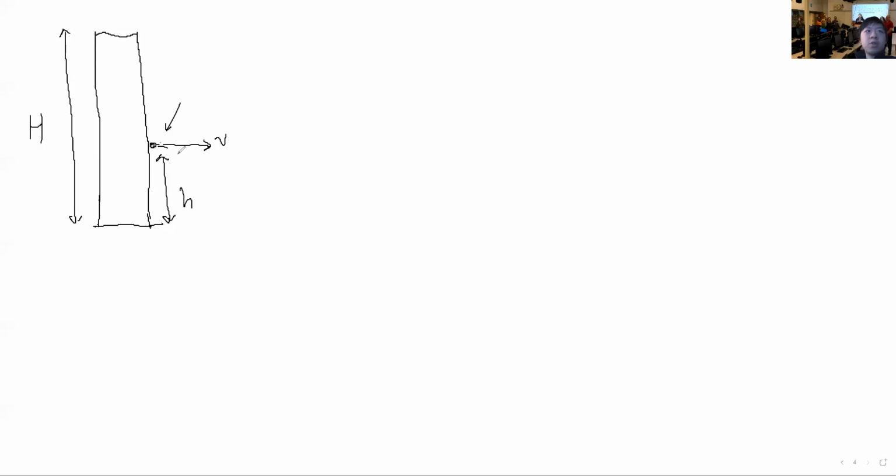It's going to flow out and have some trajectory. Let's call this distance r.